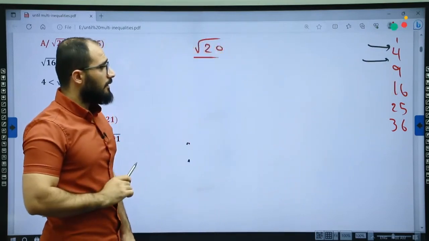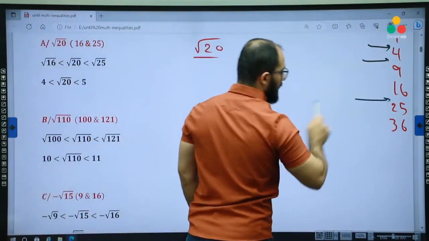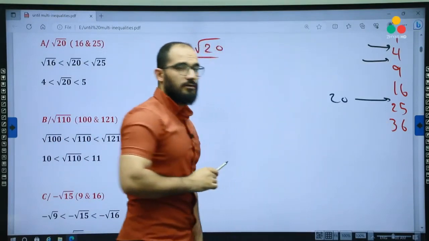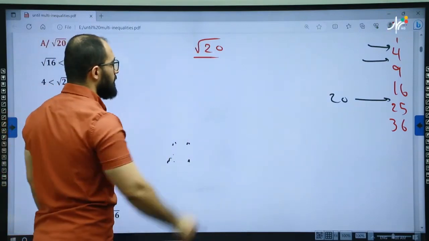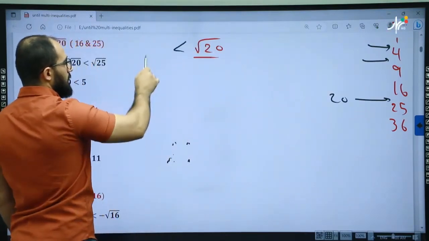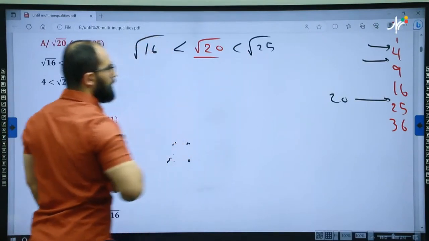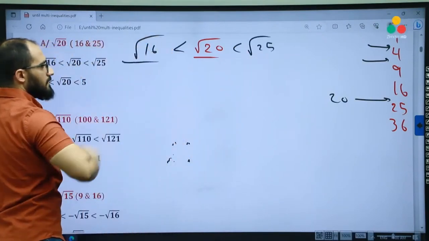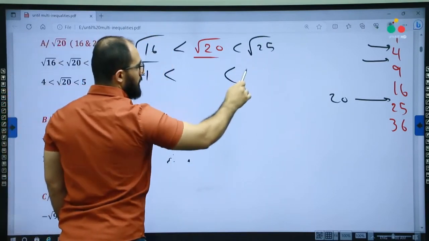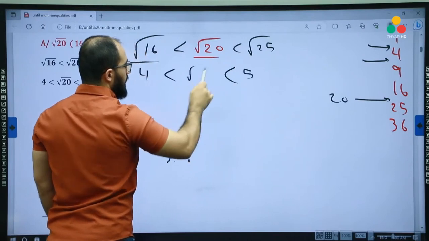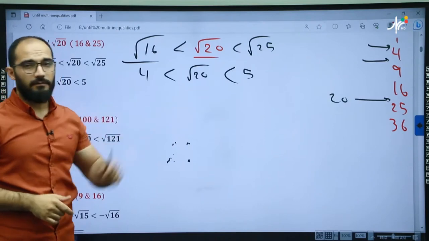So 20 is located between 16 and 25. You know that the square root of 16 is 4 and the square root of 25 is 5. That's why the square root of 20 is located between 4 and 5.